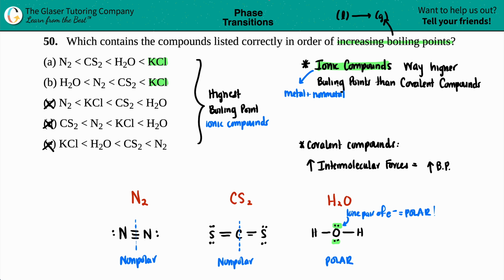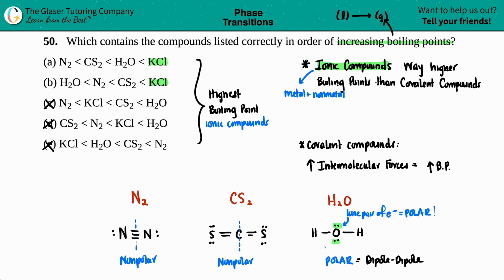And now just know that as far as intermolecular forces, all of these would have dispersion forces because every molecule has dispersion forces. Even KCl, the ionic compound, would have dispersion. But polar molecules have more intermolecular forces than nonpolar. If you're polar, you have the dipole-dipole force.